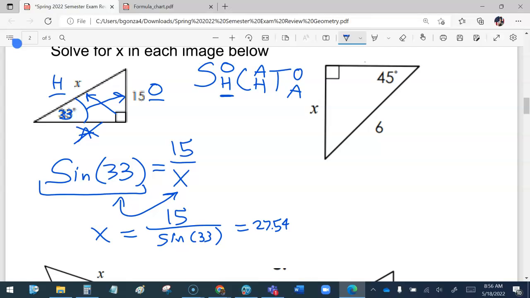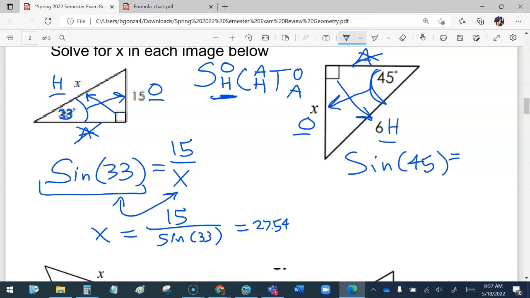All right, same thing here. Here's my starting angle, so I'm going to label O, H, and A. So which one is not labeled? A. So OH is once again sine: sine of angle 45 equals O over H. When x is on top, we get rid of the divided by 6 by multiplying by 6.